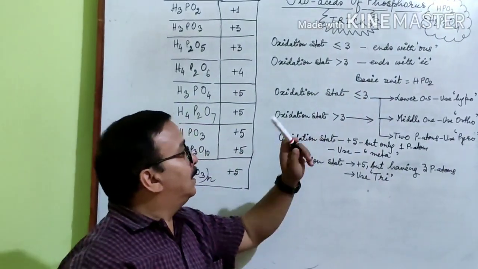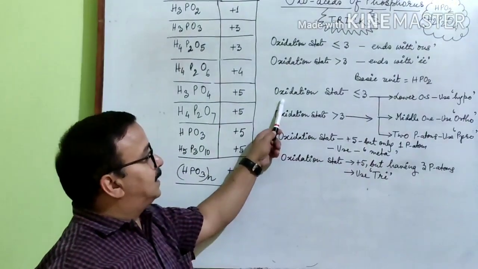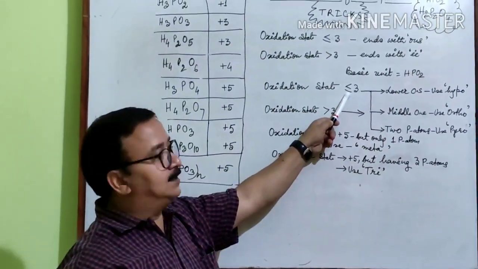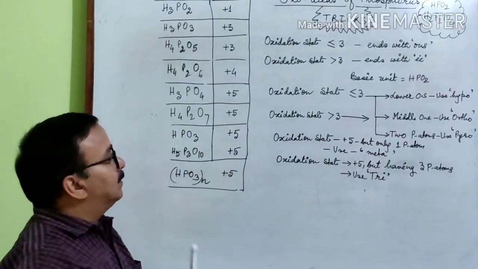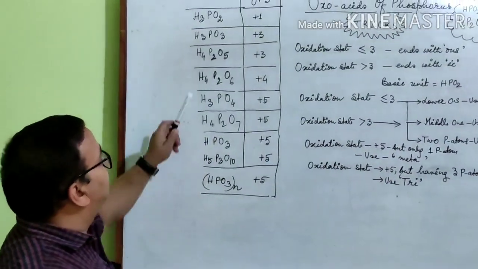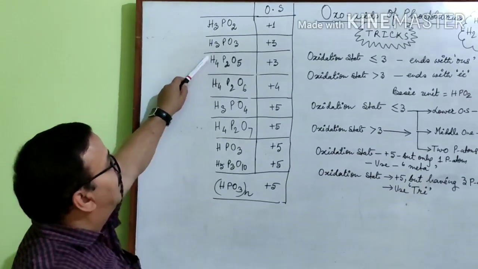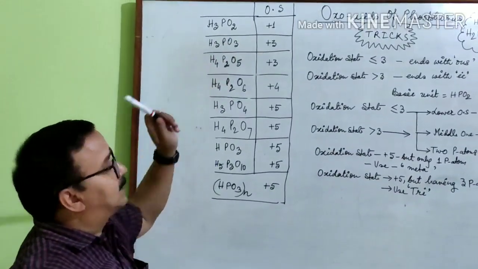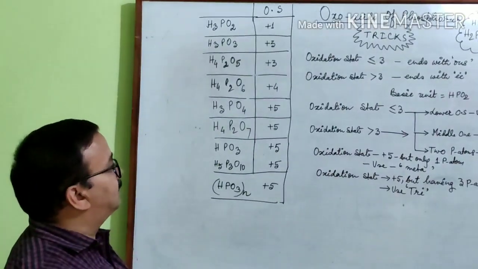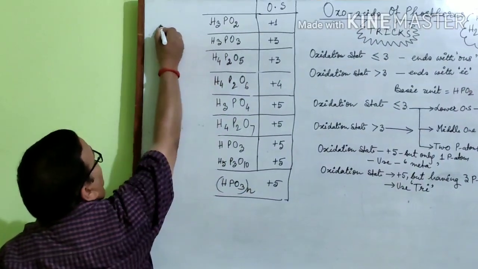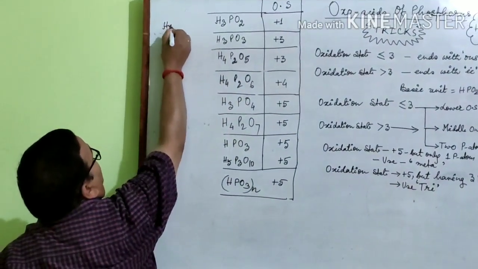Now if the oxidation state is equal to or less than 3, then three cases are there. For example, here in all these three the oxidation state is +1, +3 and +3. Therefore, in the first case we will use hypo.